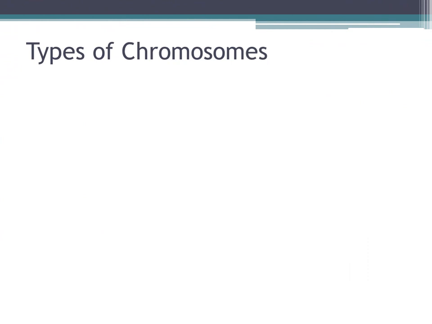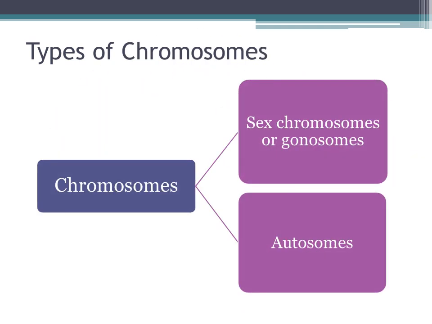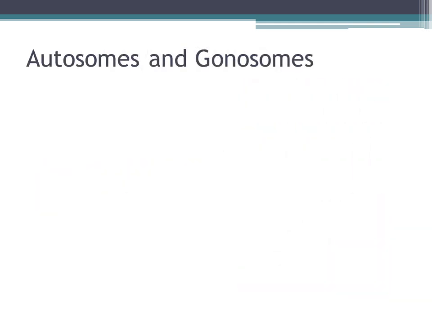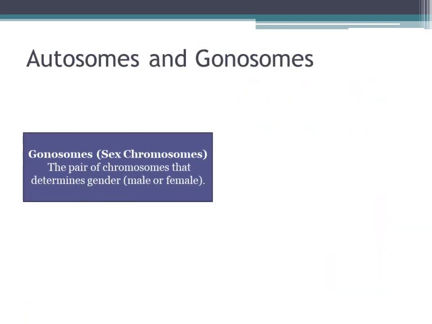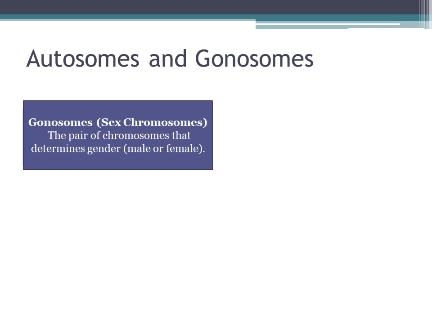Now let's move to types of chromosomes. Chromosomes are divided into two types, into sex chromosomes, also called gonosomes, and into autosomes. Gonosomes or sex chromosomes are the pair of chromosomes that determines a person's gender.